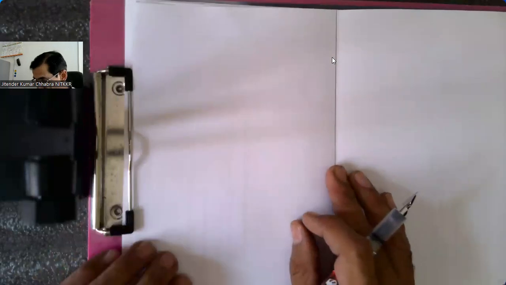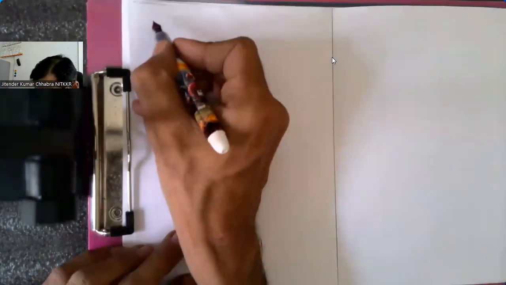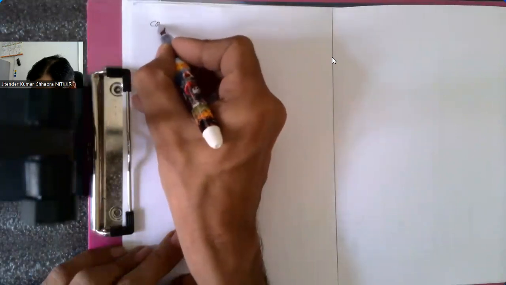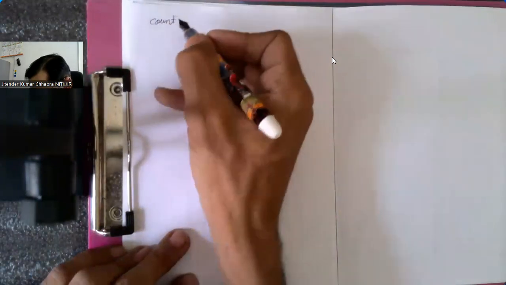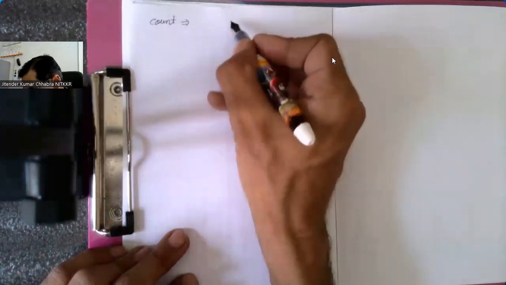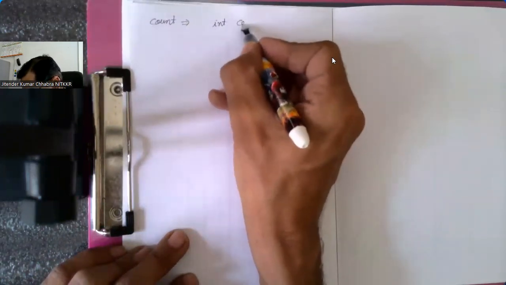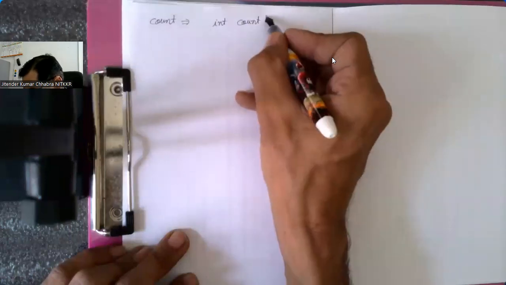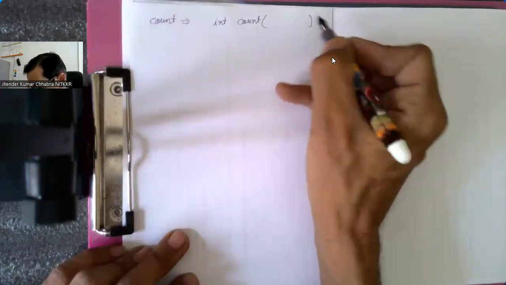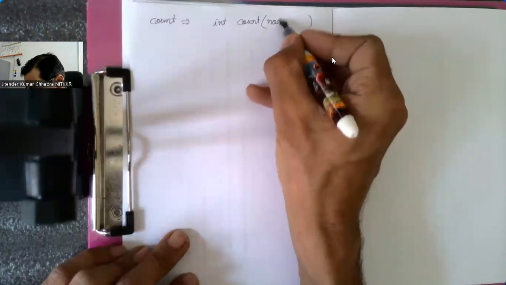Talking of this similar process, now it will be much easier to think and find a count. Let's say I want to count. So count will obviously mean I will have a function to return int. Root will be passed because count should tell me how many counts. So node star root will be passed.